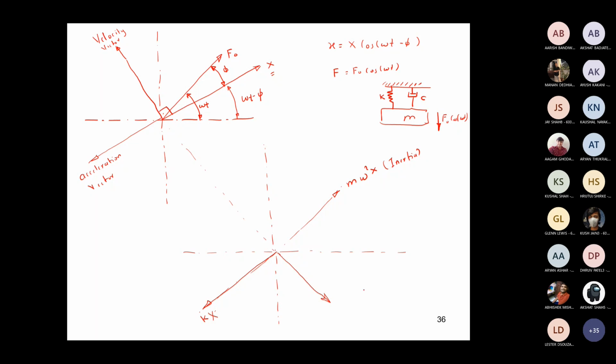And the damping force will be opposite to the velocity vector, so it will be c into omega into x. So this is the inertia force, this is the spring force, and this is the damping force.